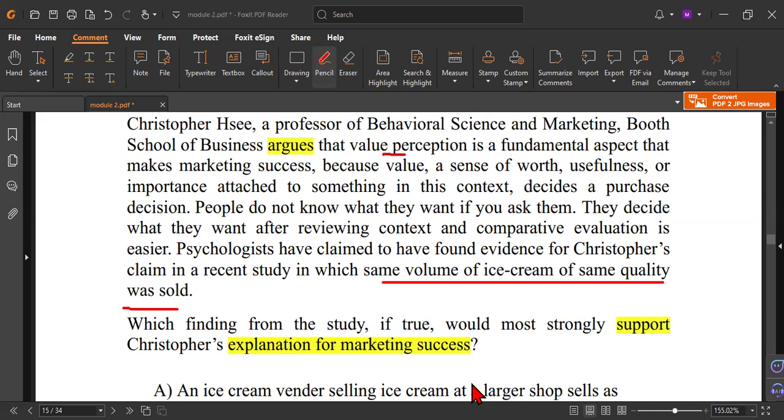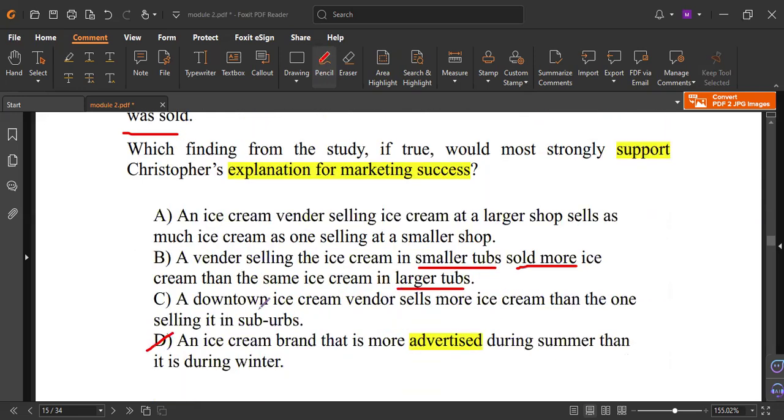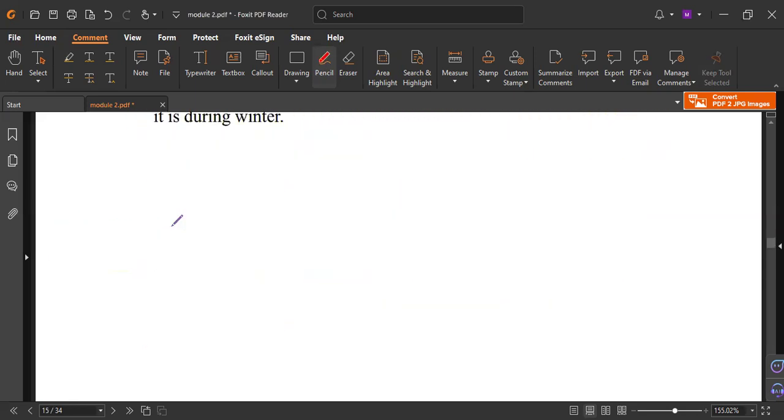So the higher sales of the former, the smaller one, proves the explanation given. You must sell it in a smaller one, not only larger. That's why. Okay, let's jump to the next. So letter B here is the best. Why not? Let's jump.